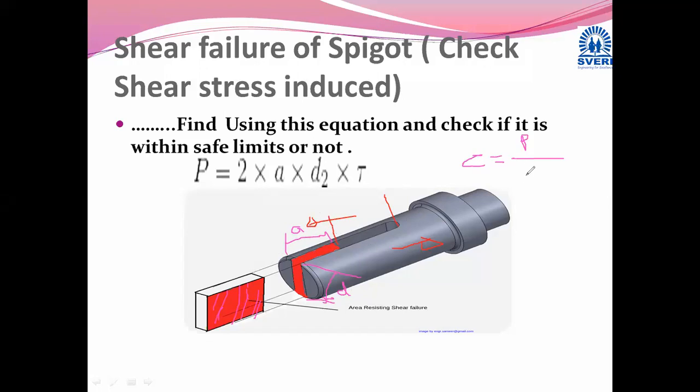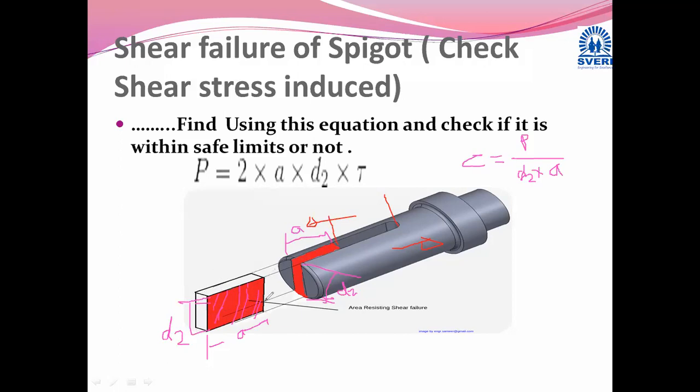But here you can see this D multiplied by A, sorry, it is D2. So D2 multiplied by A is the area. But here you can see the area which we have considered, that is this length A and this height D2. We have calculated only one side area, but shearing is taking place on both sides.